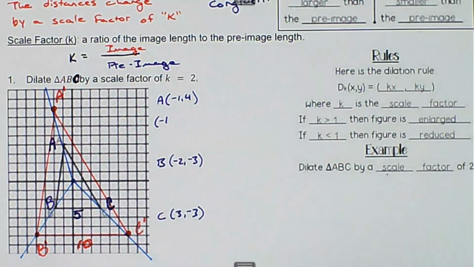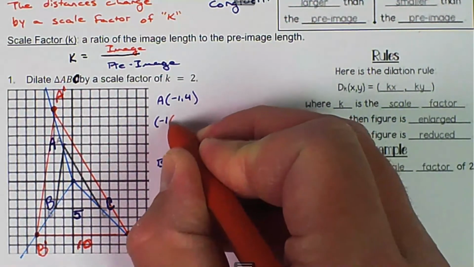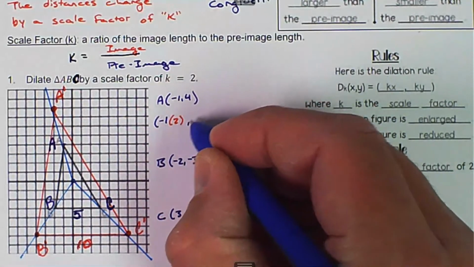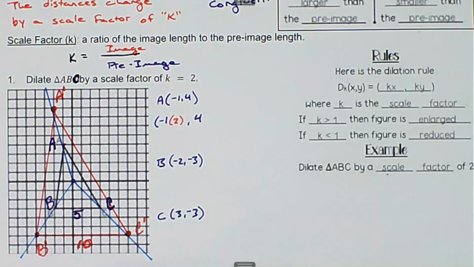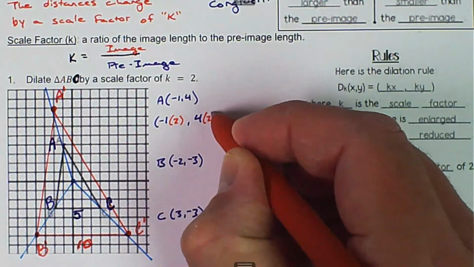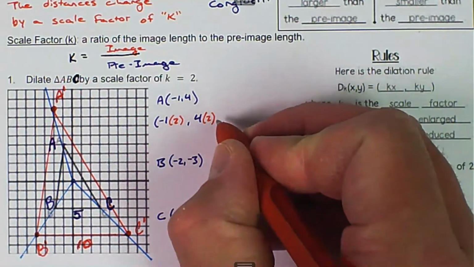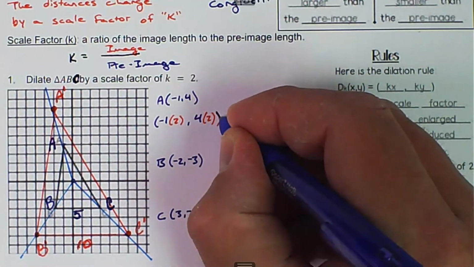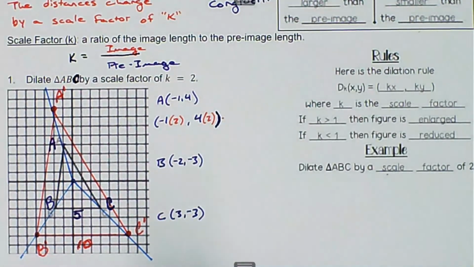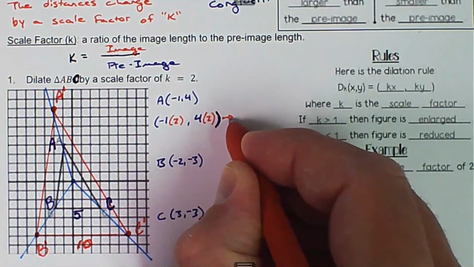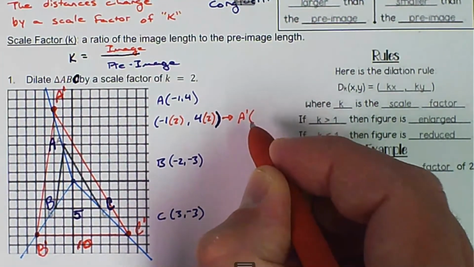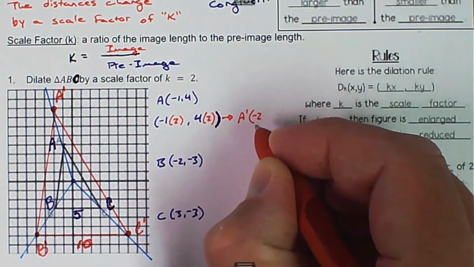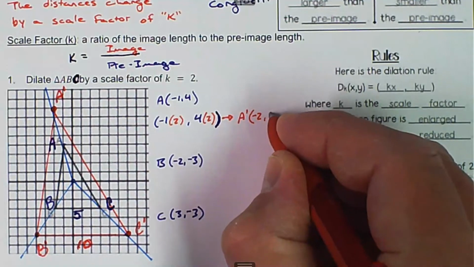So take -1 and multiply it by 2. And then take 4 and multiply it by 2. That's going to give us A prime. So -1 times 2 is -2, and 4 times 2 is 8.